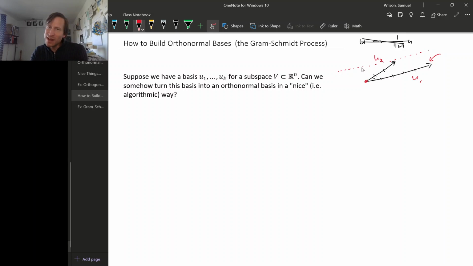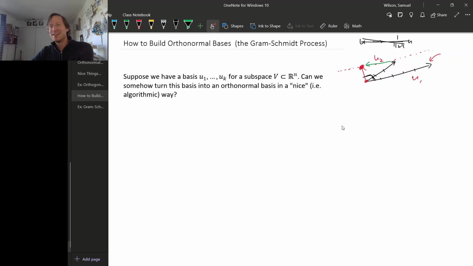But you can see that right here is a spot where, if we slide the end of u2 along this green arrow, the result is perpendicular to u1. So that's what we want to do. We want to replace u2 with this new vector. The span will be the same: the span of u1 and this new vector will be the same as the original two, but these two vectors are perpendicular.